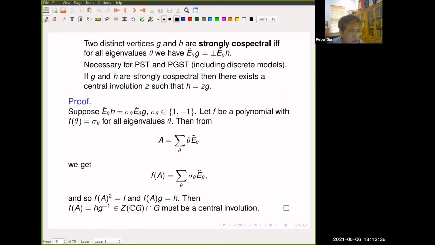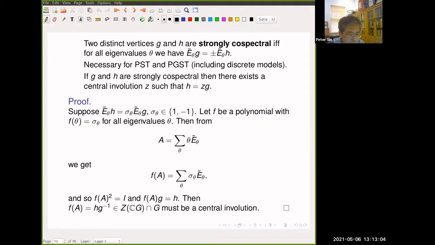Okay, so suppose e tilde theta of h is plus or minus e tilde theta of g, and the sign is given by sigma theta. Then we can find a polynomial f with f of theta equal to sigma theta for every theta, by interpolation. If we look at the spectral decomposition of A, then applying f of A is the same as applying f to each of these eigenvalues.